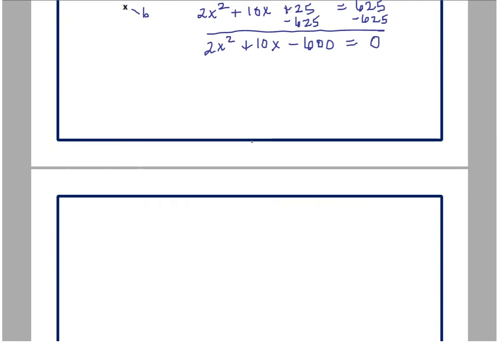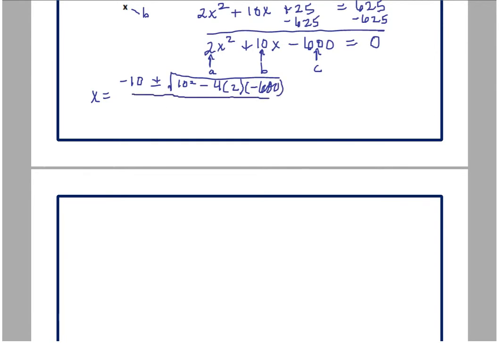So remember, this is my A, this is my B, and this is my C. So we have x equals a negative b, so that's negative 10, plus or minus the square root of 10 squared minus 4 times a, which is 2, times c, which is negative 600. And that's all over 2 times a, which is 2.